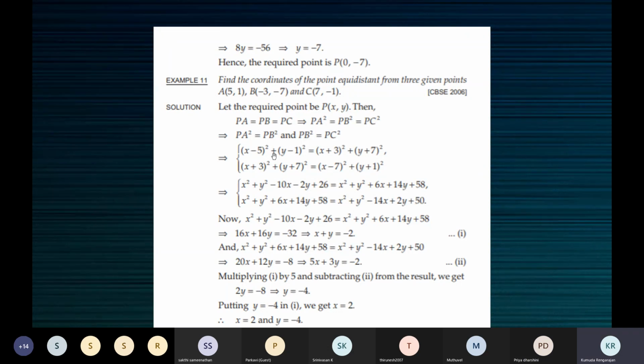Where do you factorize? No, see, have you written this step? x minus 5 the whole square plus y minus 1 the whole square is equal to x plus 3 the whole square plus y plus 7 the whole square. Do you have this one in your book? Yes, ma'am. Okay, now how do you expand this?